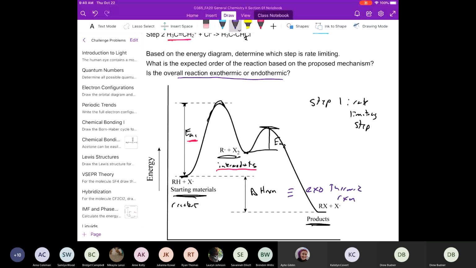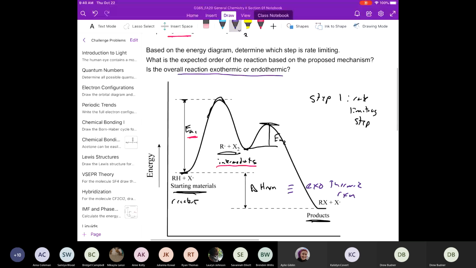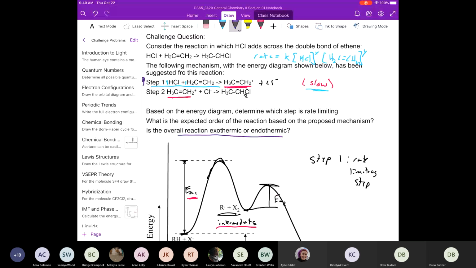All right. And the last thing I want to review is that we've talked about two steps that are necessary for a mechanism to be considered correct. The first is that the sum of the reactions, if we added them up, the intermediates cancel out, should give us the overall reaction.